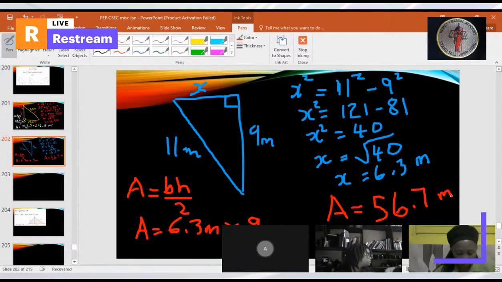Yes, miss. Area is measured in what? Square units. So that's meters squared. We have to divide it by 2. Oh yes, I forgot we didn't divide by 2. All right, so divide by 2.